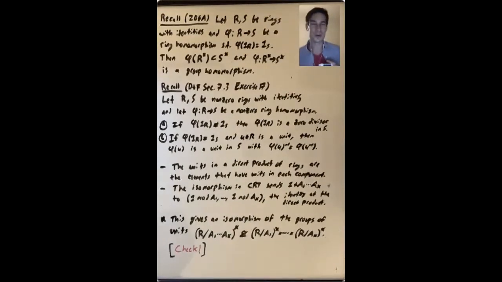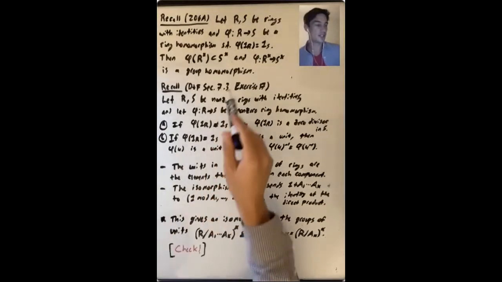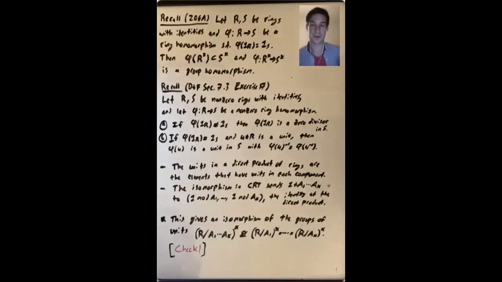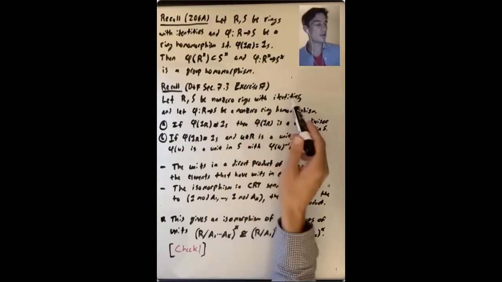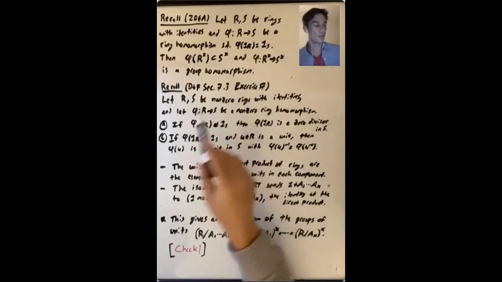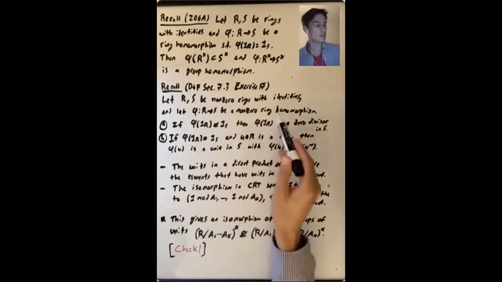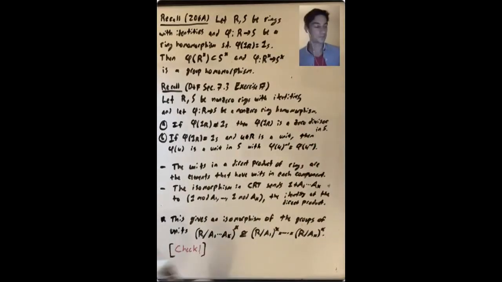So Dummit and Foote don't prove exactly this. They say something kind of close, which is exercise 17 in section 7.3. Let's take non-zero rings with identities, 1R and 1S, and let phi from R to S be a non-zero ring homomorphism.